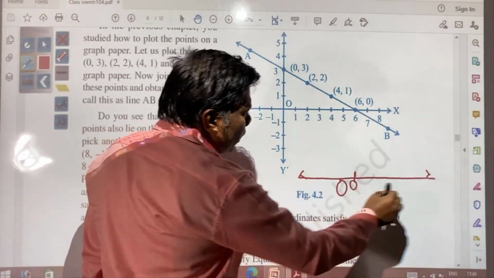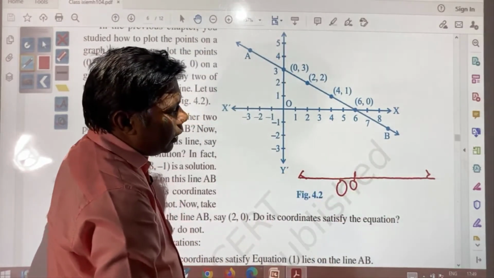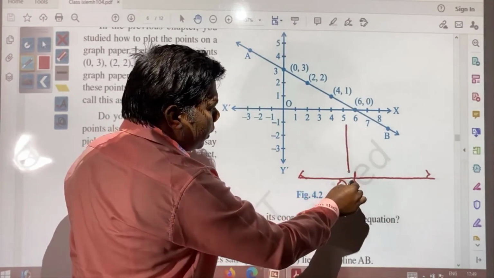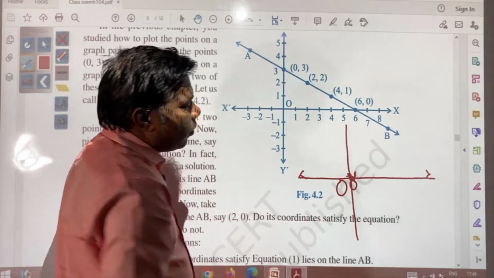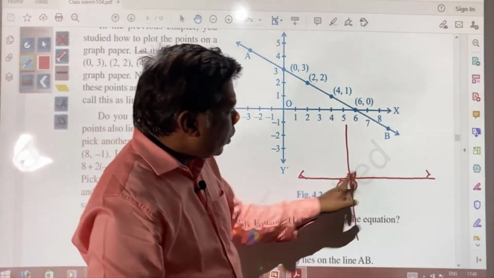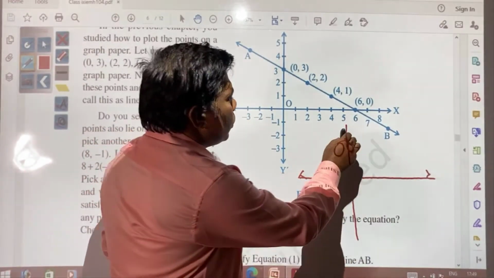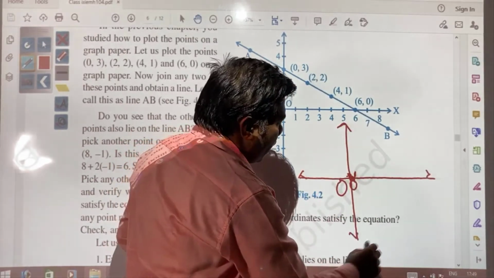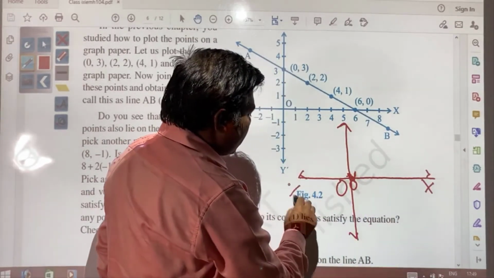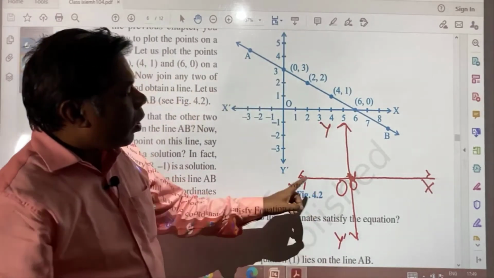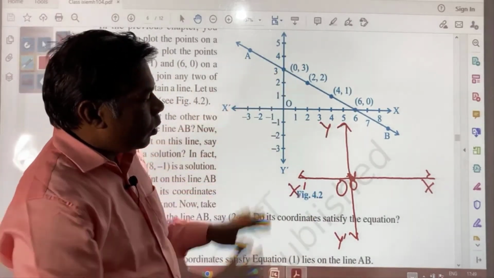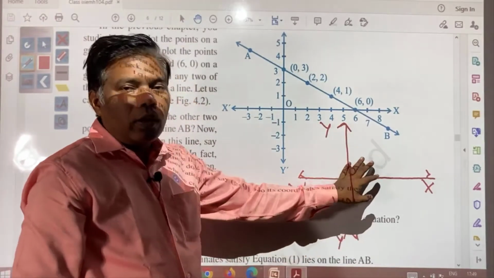This is the horizontal line you have taken, and this is your vertical line perpendicular to this horizontal line. So suppose this is your x-axis, X and X dash, and this is Y and Y dash. Whatever coordinates you have got now are required to be plotted on this.